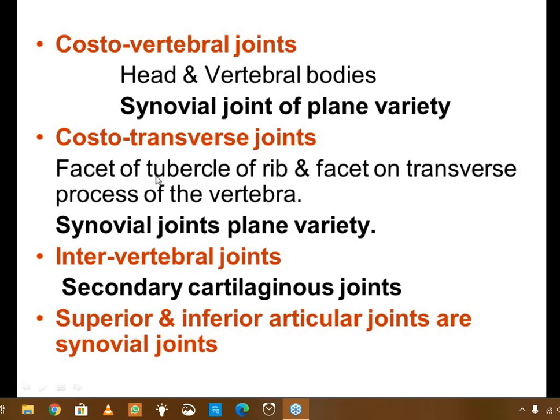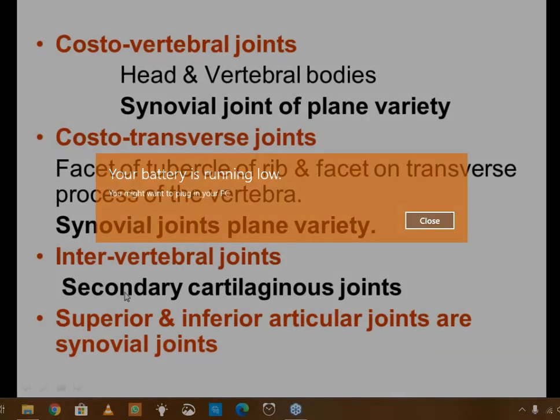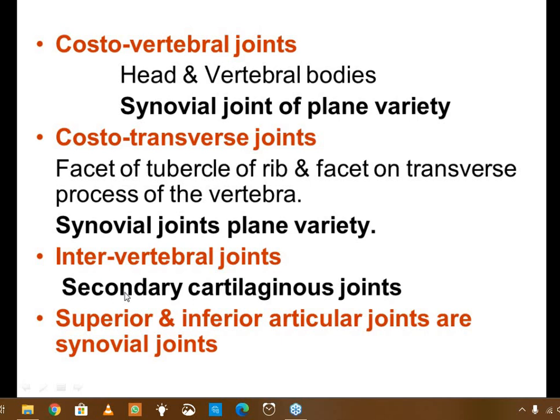What happens to the intervertebral joints? Intervertebral joints are between the bodies of the vertebra and the superior and inferior articular facets of the vertebra. The bodies of the vertebra are joined via the intervertebral disc, which is fibrocartilaginous. So, these are secondary cartilaginous joints.